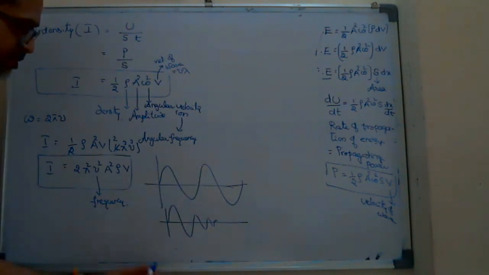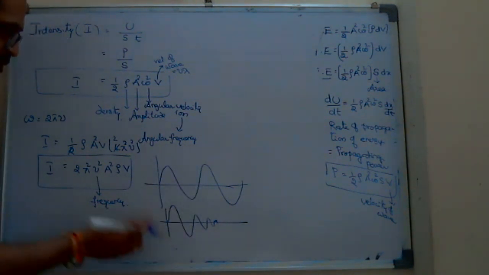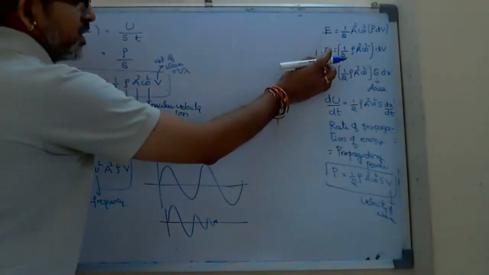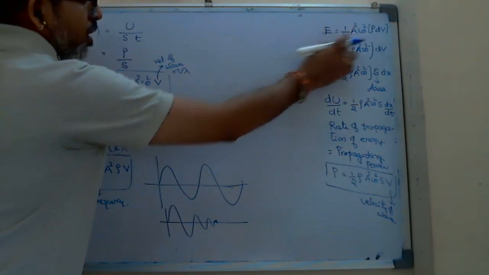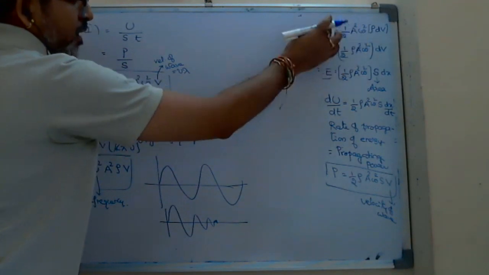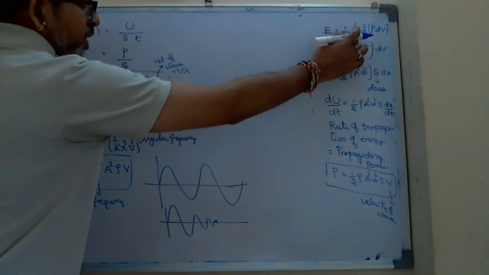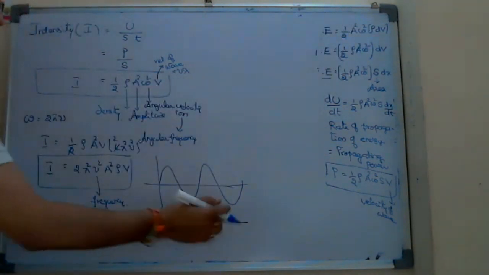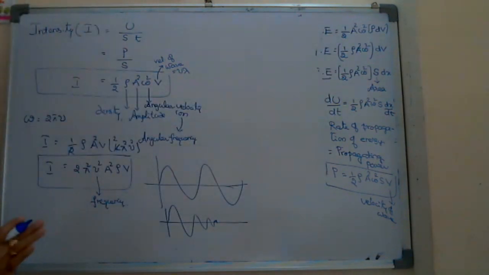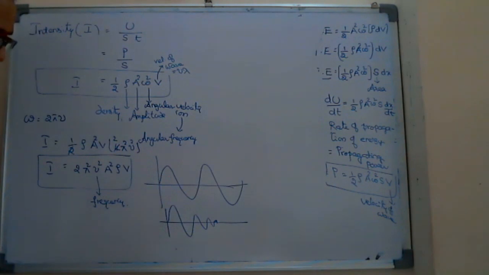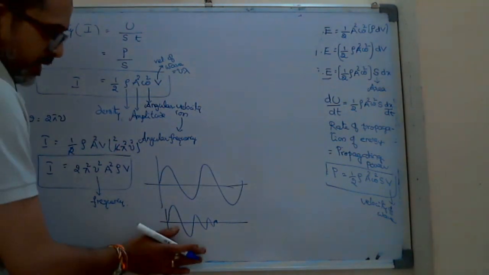This is practical. If amplitude decreases from the beginning, energy depends mainly upon what? The amplitude square. E is directly proportional to A square. So if amplitude decreases, energy decreases. Energy decreases, everything will be decreased, the power or intensity, anything will be decreased. So it is the practical thing.